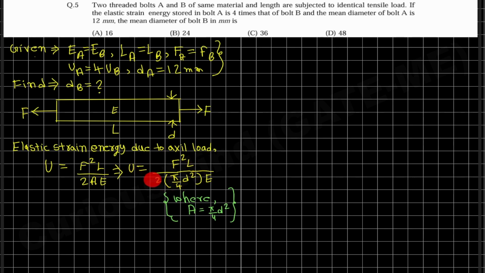So this expression becomes U is proportional to inverse of d square. Now we can also write this expression as U times d square equal to constant.